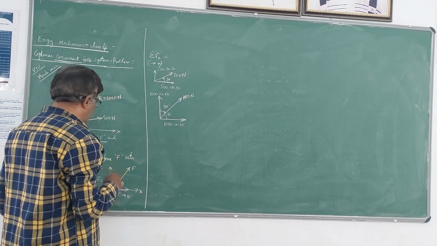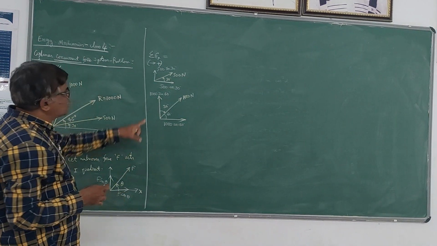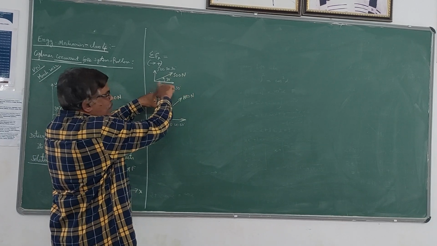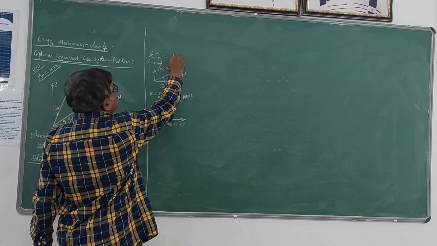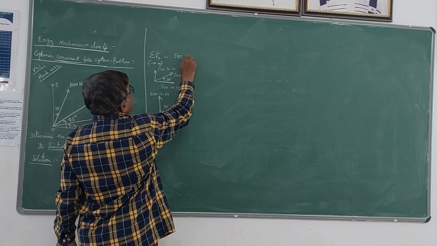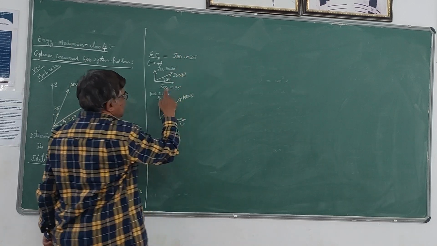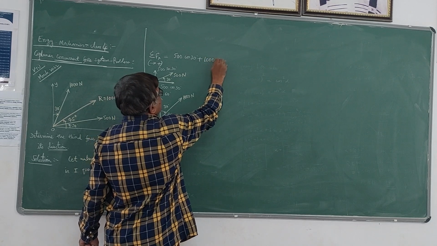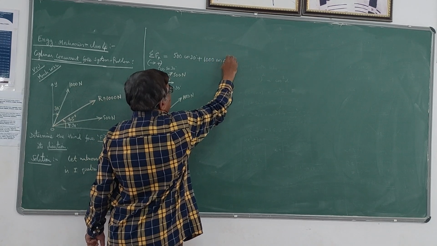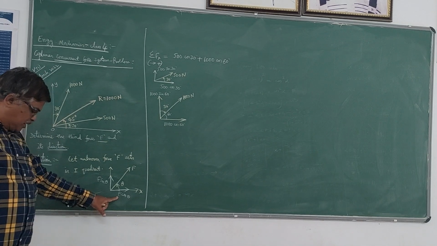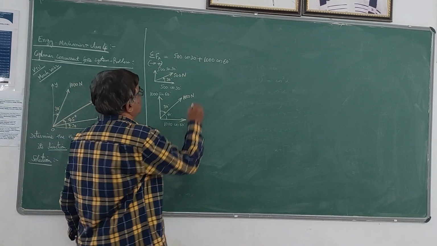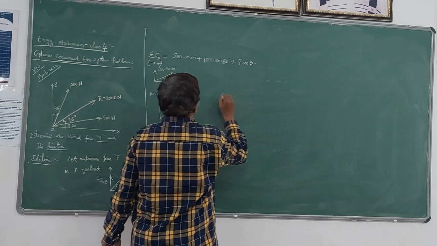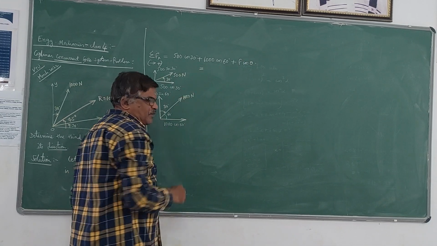If I write sigma Fx, for the first force, its x component is acting towards right, therefore it is positive, 500 cos 30. Second force also is positive because it is acting towards right, plus 1000 cos 60. For the third force also it is positive because we have assumed it in the first quadrant, so it becomes plus F cos theta. So this is the sigma Fx term.